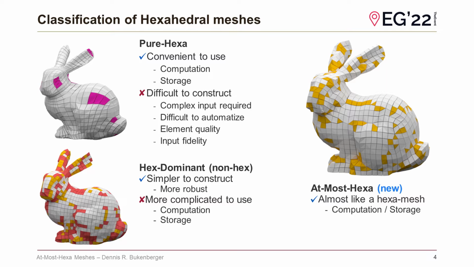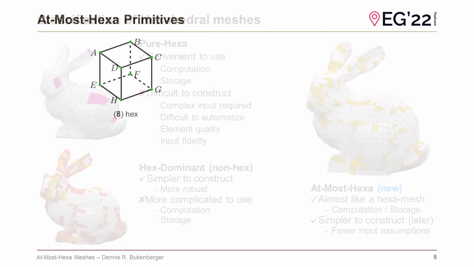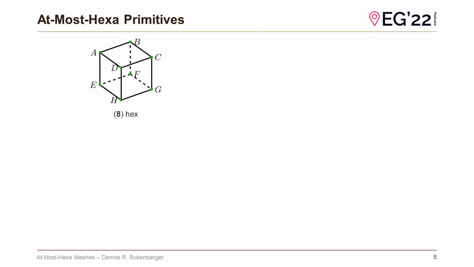And we still disallow any cell that is more complex than a hexahedron. Our observation is that this generalization is still very effective at easing the task of hex meshing, as I'm about to exemplify with our construction algorithm. At the same time, we can argue that our more parsimonious generalization of hex meshes has a lesser impact on downstream applications.